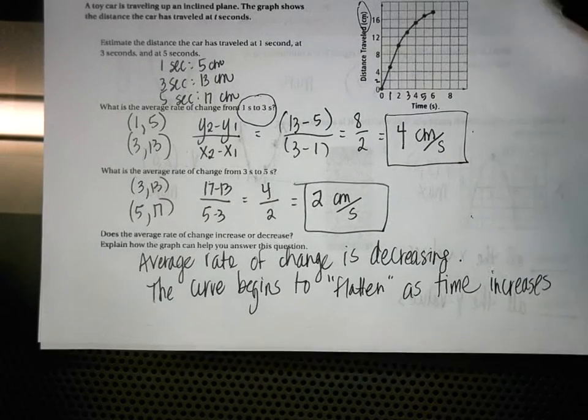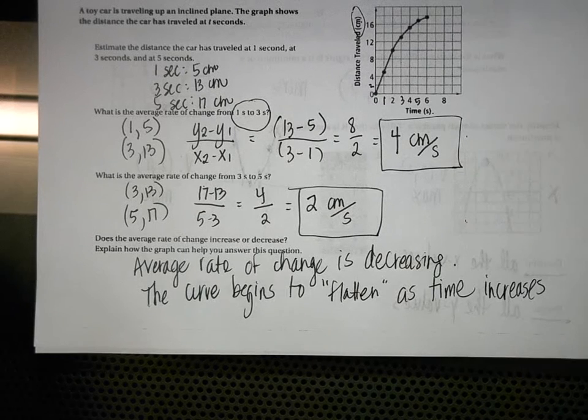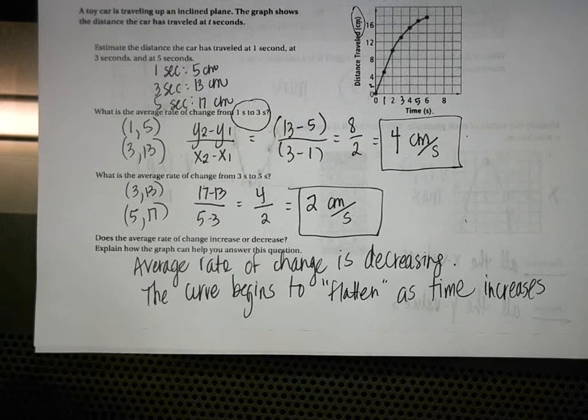So if you notice back here at the graph, as time goes on, see how it's like a shorter distance and it's going slower and slower? So that's what I'm talking about.